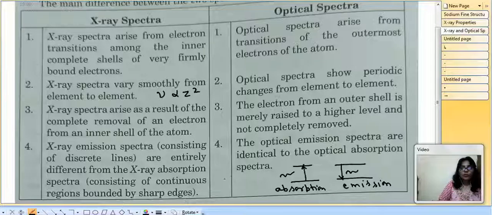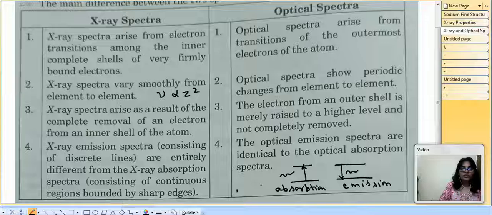In case of absorption, if some small amount of energy is given, then that will be absorbed by the free electron inside the atom, and when this energy is close to the energy of some bound orbital, that is the K shell, then there will be a sharp edge.